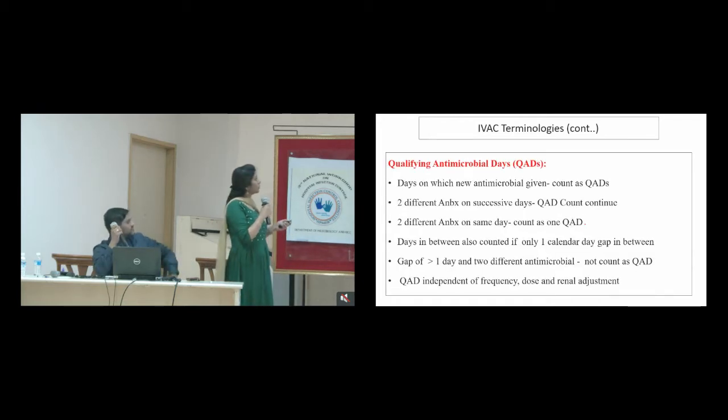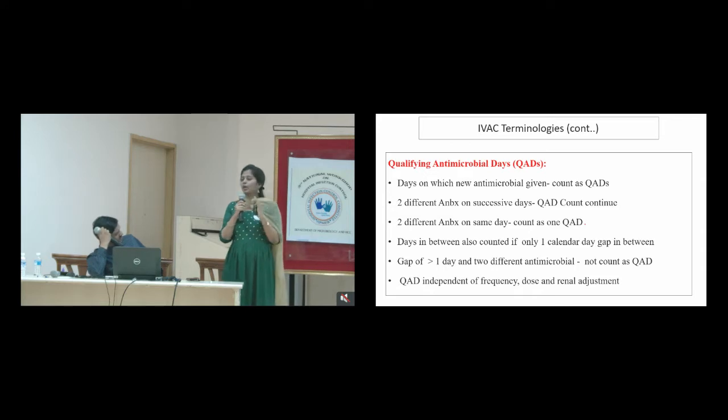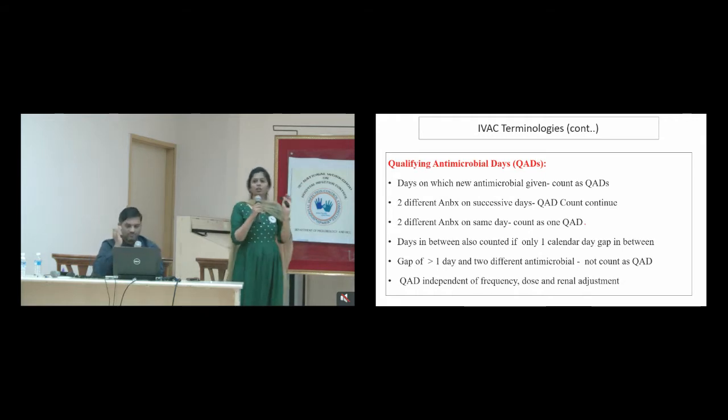Okay. So qualifying antimicrobial days are days on which a new antimicrobial agent is started. Again, it comes with certain rules. With 2 different antibiotics on successive days, you can continue the QAD count.